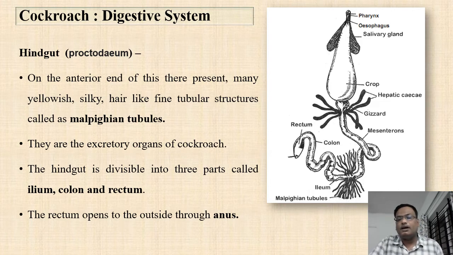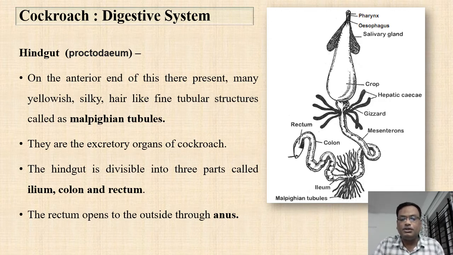You know that in arthropoda and in insecta, the body cavity is called hemocoel, and this hemocoel is filled with a fluid called hemolymph. All the organs and organ systems are actually located or situated in the hemolymph.